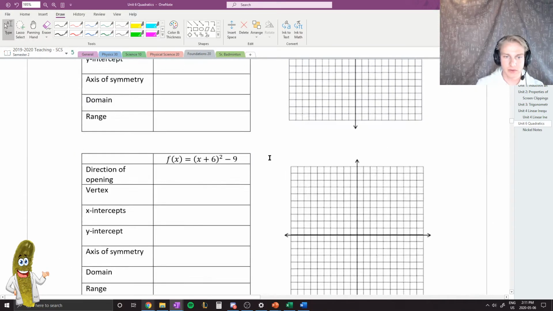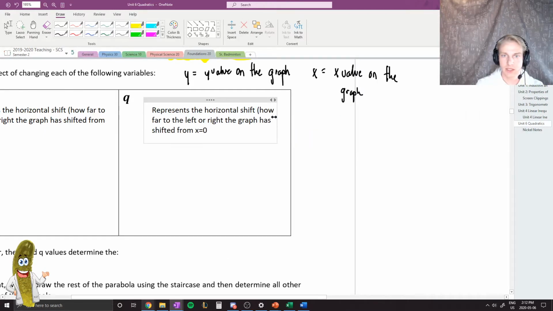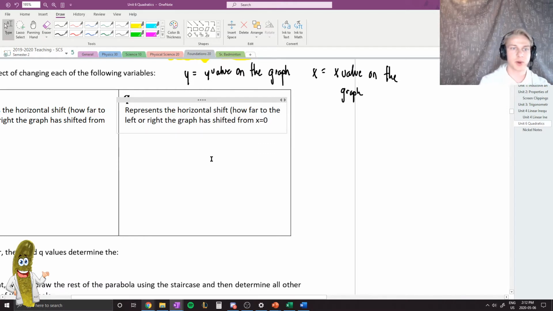The q-value, copy this, paste this over here. What the q is going to represent is not the horizontal shift, but the vertical shift.